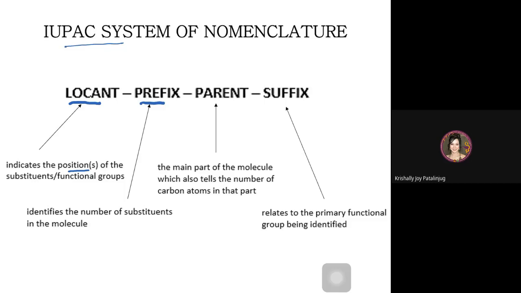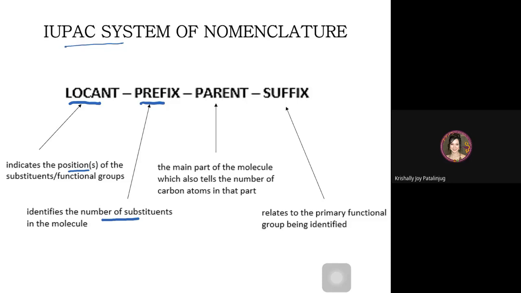So you already know what a prefix is. Now, the prefix will help us identify the number of substituents present in the molecule. Again, this tells us about the number of substituents, the number of branches, present in the molecule.